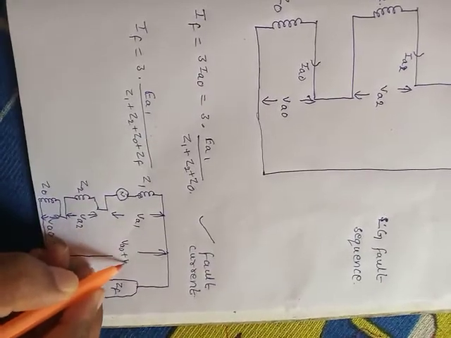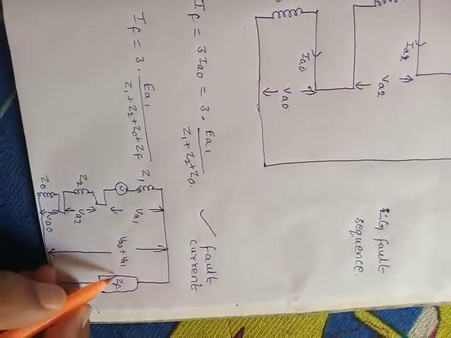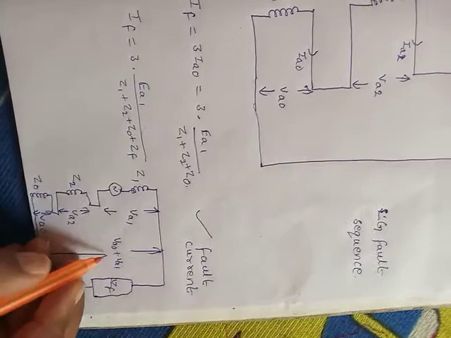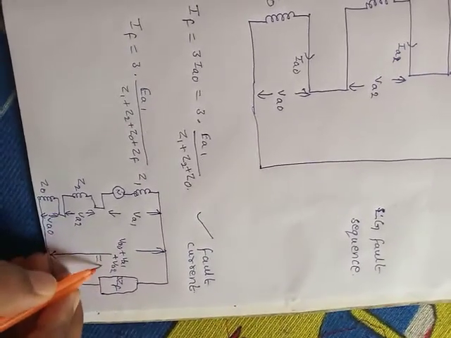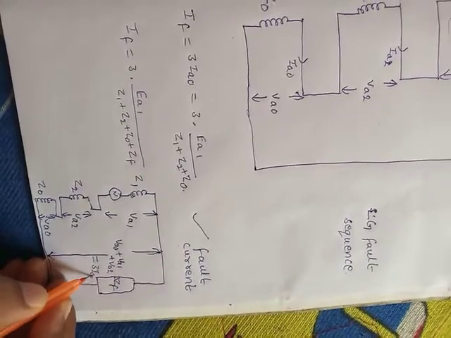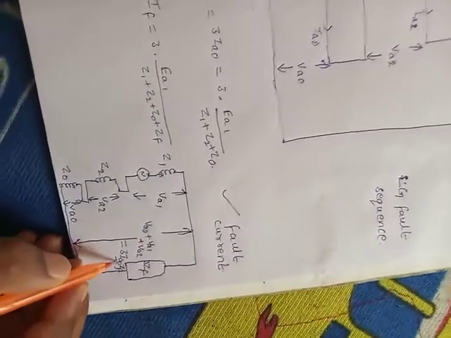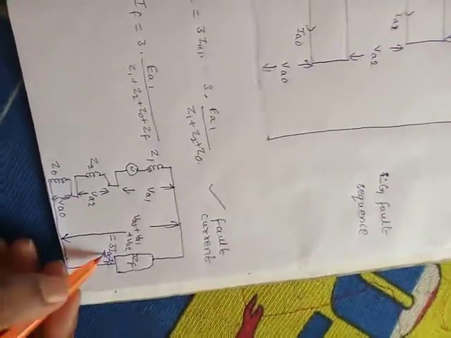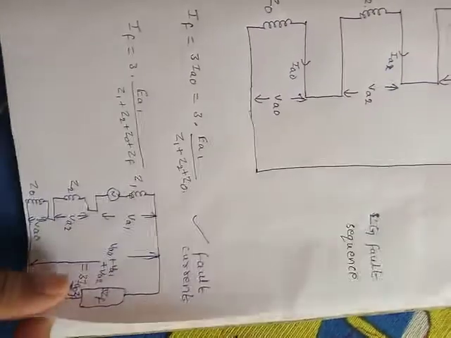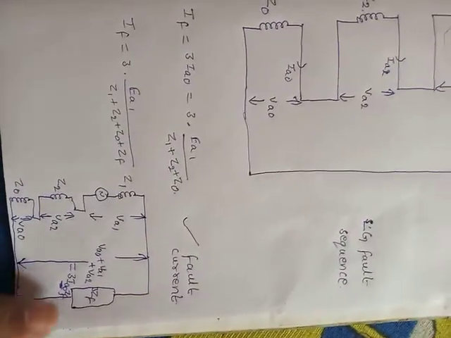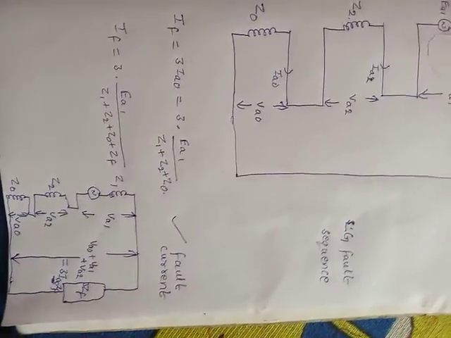Va0 plus Va1 plus Va2 equal to 3 into Ia0 into ZF, or in place of Ia0 we can use Ia1 or Ia2. So this is the sequence network for the fault impedance. Thank you, friends.